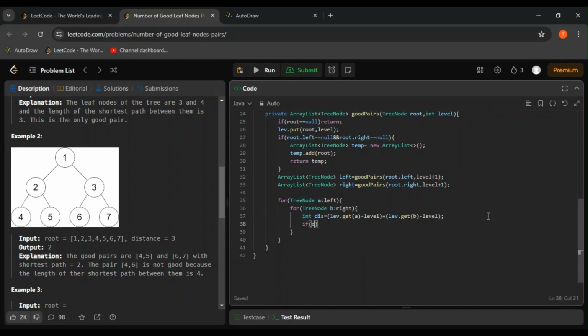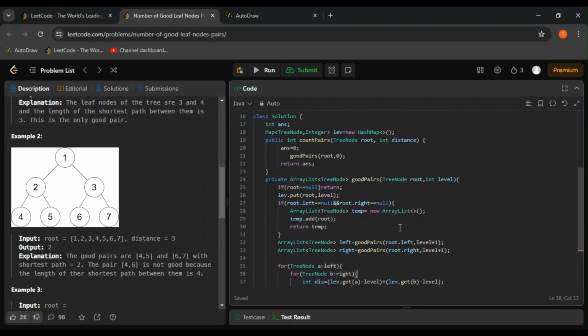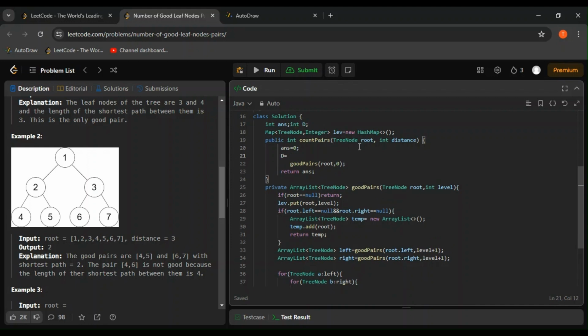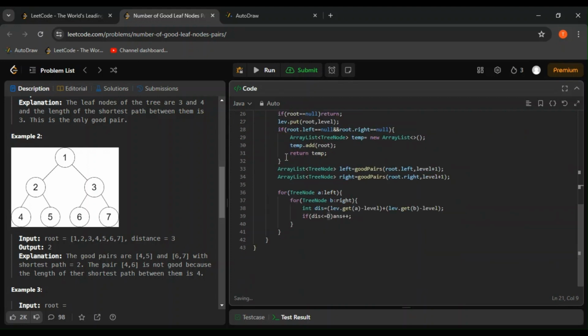Now, if this is less than or equal to capital D, I'll increment answer plus plus. Correct. Int D. Here D equals distance. Okay. Capital D is initialized. Now if the distance is in control, okay.